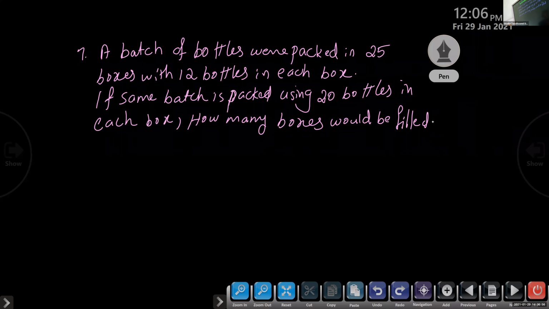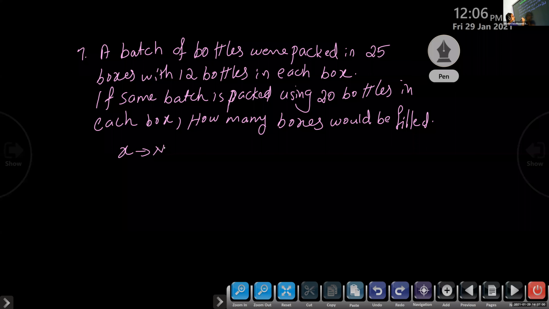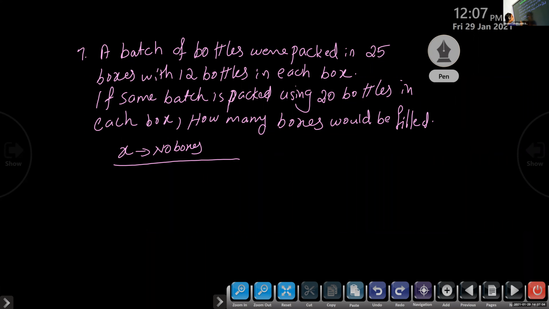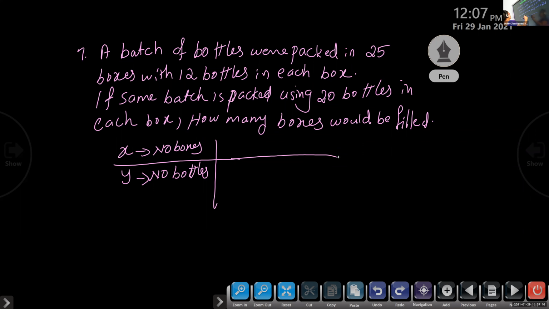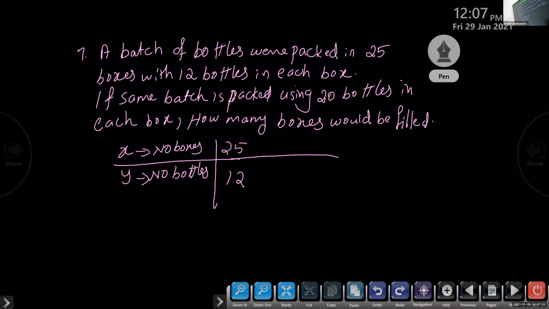So let us take X as the number of boxes and Y as the number of bottles. If the number of boxes is 25, bottles are 12. In 25 boxes, first of all, they used 12 bottles.